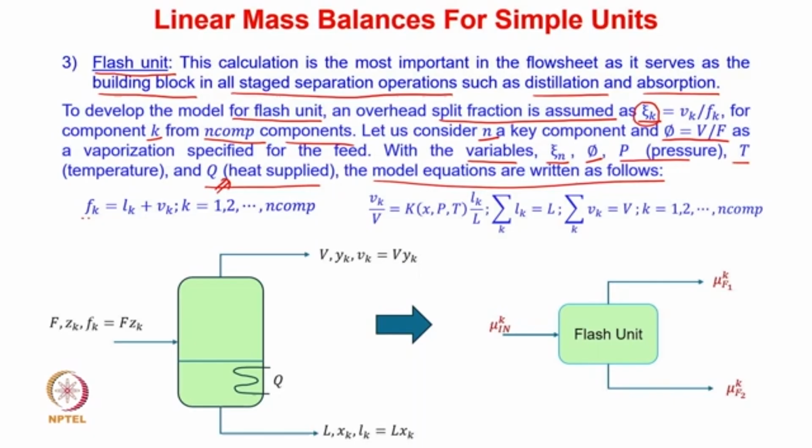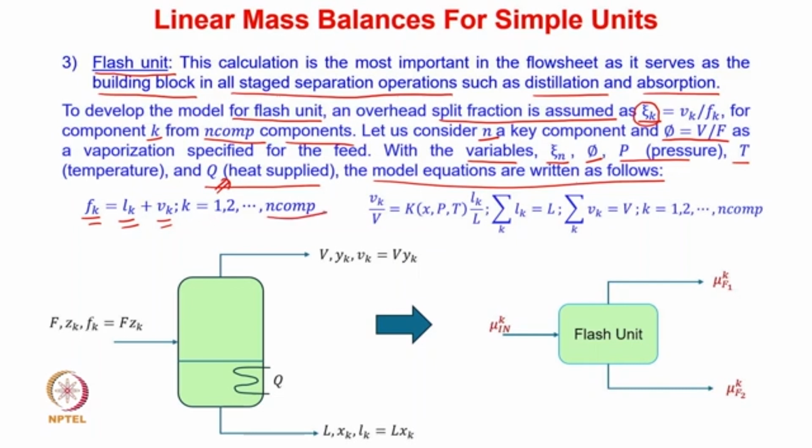So feed: the molar flow rate of the kth component in the feed can be given as the molar flow rate of the kth component in the liquid plus the molar flow rate of the kth component in the vapor. So Fk is given as Lk plus Vk, where k varies from 1 to the total number of components n.